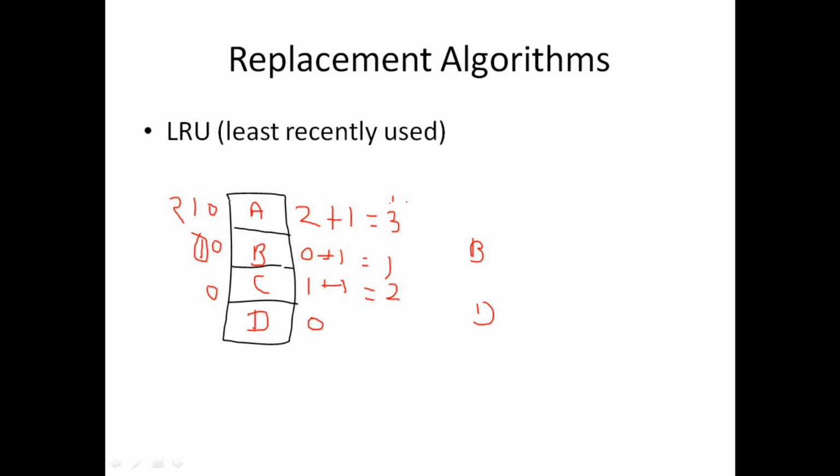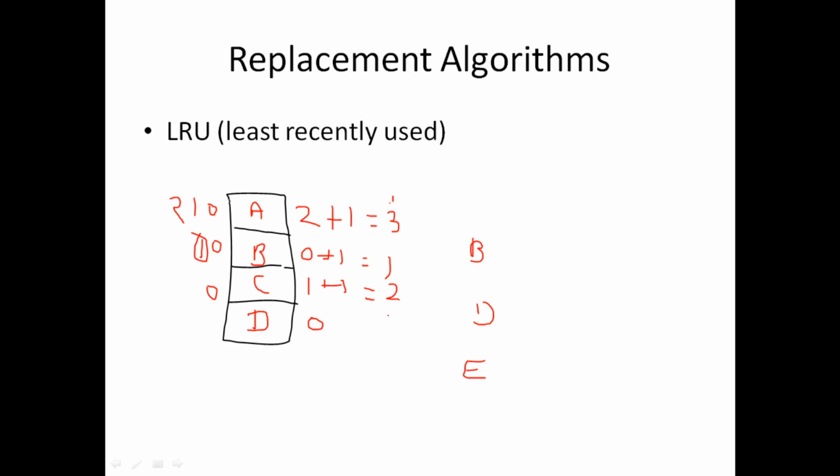Another case is if the processor wants some block E, which is not present in this cache. E should replace the one which is not used recently.